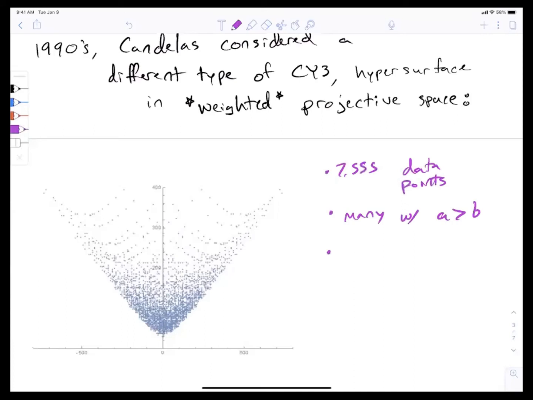But here there's again a lot of pattern to the data. And so again, we may want to look at this and come up with some conjectures. And the most tantalizing thing about this particular graph is this symmetry that it has. The left side looks exactly like the right side.